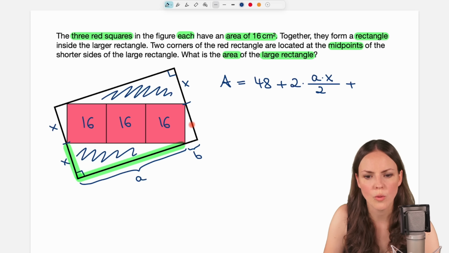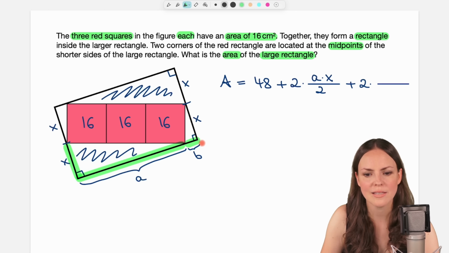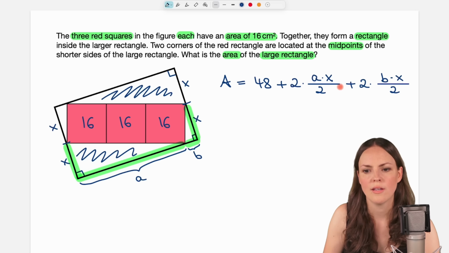And for the small triangles, we have a right angle here as well. We have our x here as well. So we have 2 of these small triangles. So we have 2 times, and same formula. We take the base, which is b, multiplied by the height, which is x again, and divided by 2.